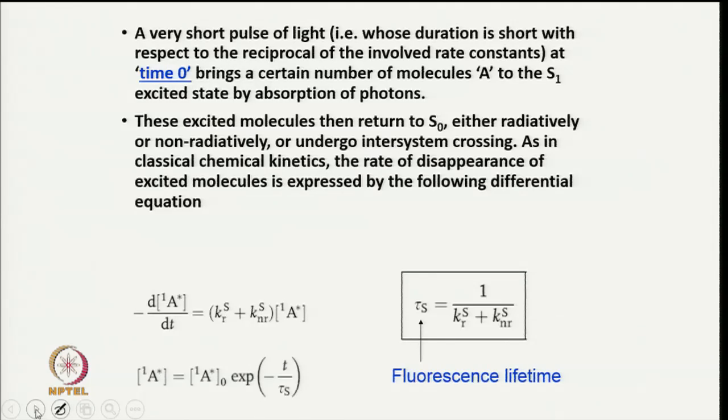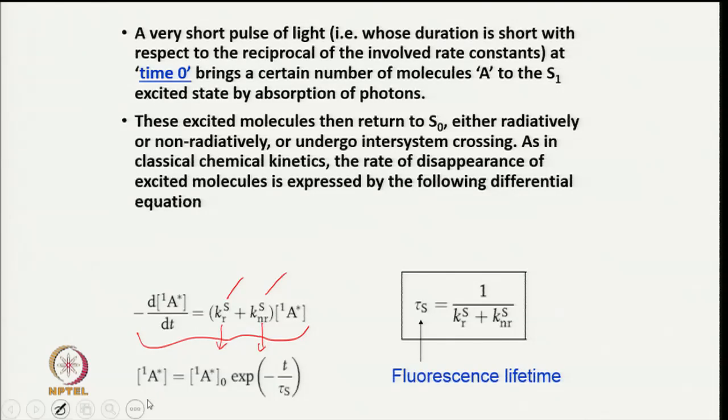So, as in chemical kinetics, the rate of disappearance of the excited molecule can be expressed like this. This I have already discussed, but now A star is decreasing by the radiative and by the non-radiative process, and these are the rate constants: this is the rate constant for the radiative process, this is the rate constant for the non-radiative process.